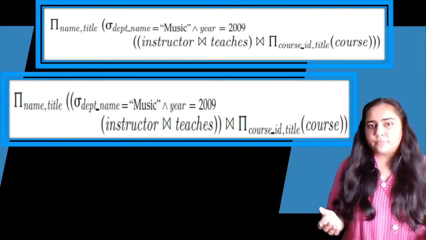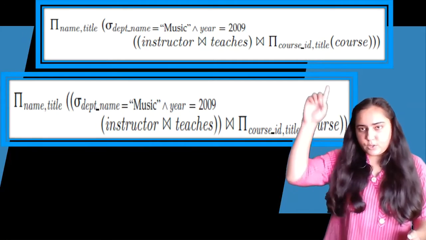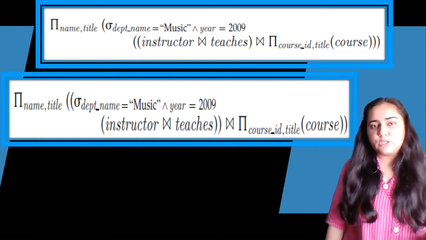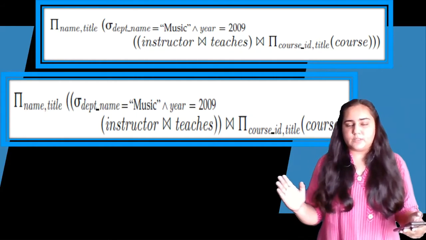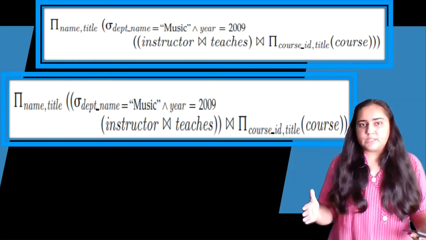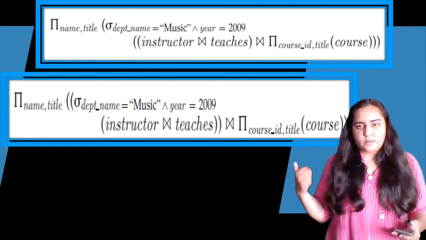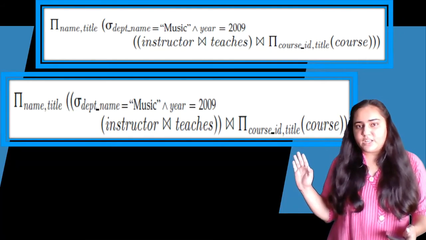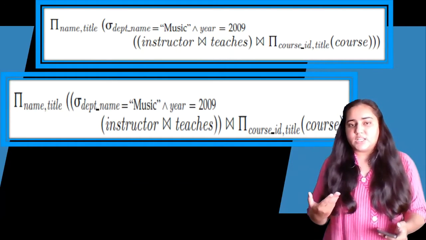Now there are 2. So what I have done is, previously in the top query, my sigma condition was applied on all 3 tables. So first I took a natural join of all 3 tables, and then I applied the sigma condition. But down in this query, I've applied the sigma condition only on instructor and teachers.